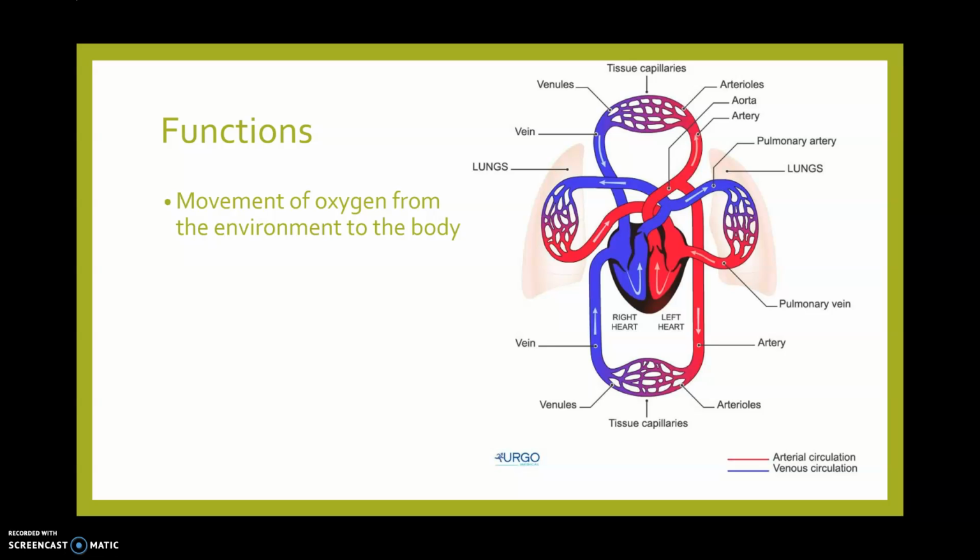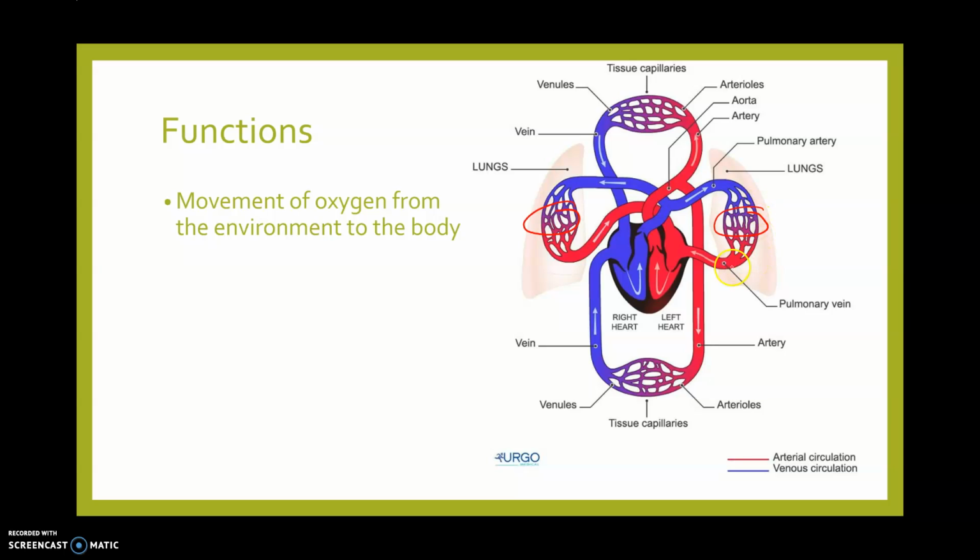If we take a look at this diagram to the left, we can see that we're clearly integrating the lungs and the heart here with all of our different vessels. So blood from the right side of our heart is going to move to our lungs to pick up oxygen in our lungs.